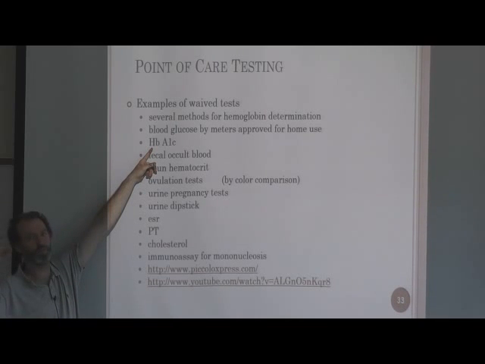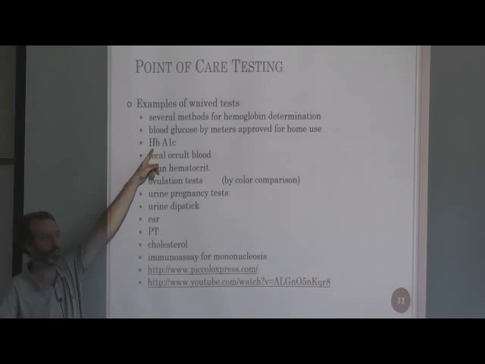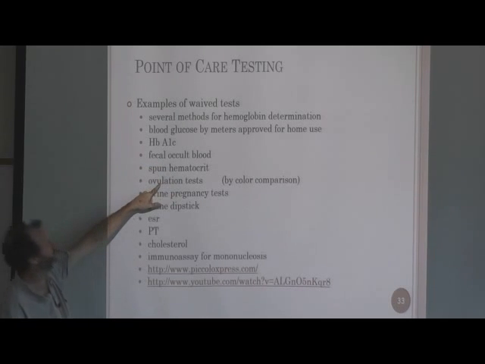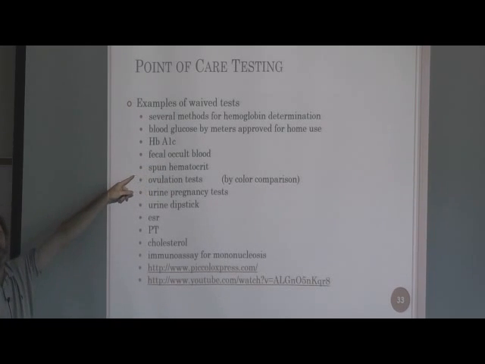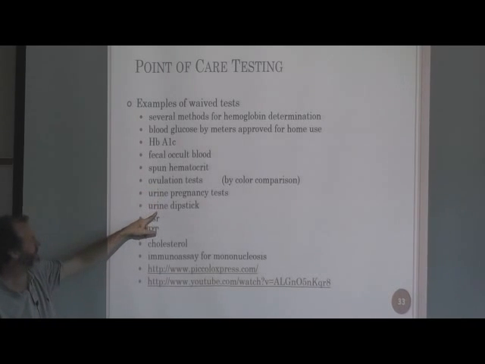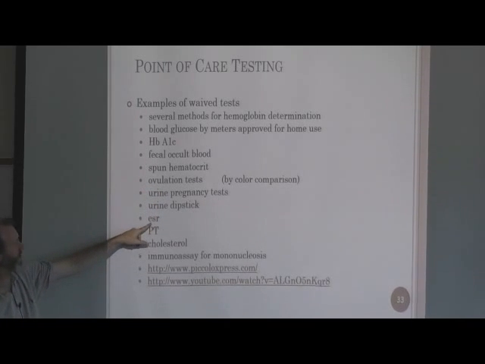You have glucose covalently attached, basically, to the hemoglobin. Fecal occult blood, spun hematocrit, have you guys done that in hematology? They're moving away from that because there's a lot of error in doing that, right? Ovulation tests, urine pregnancy tests, urine dipsticks, ESR.